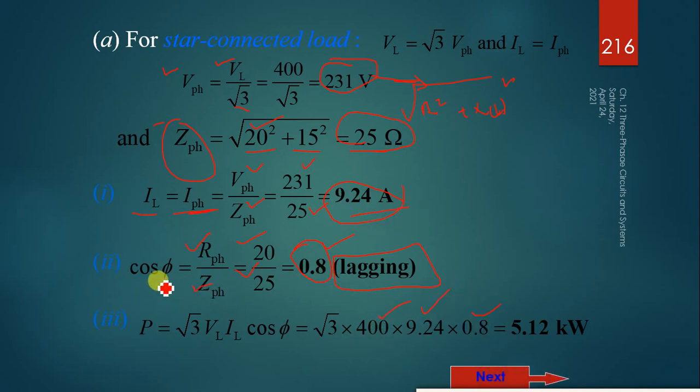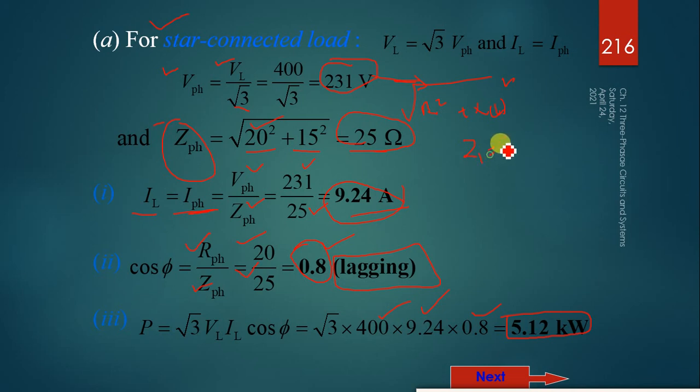Cos phi is 0.8, which gives almost 5,120 watts, that is 5.12 kilowatts. That's the total power in the case of a star connected network.